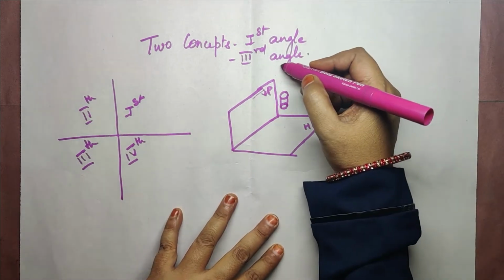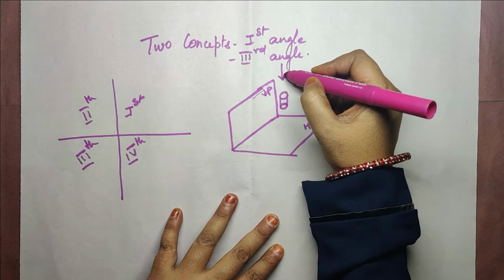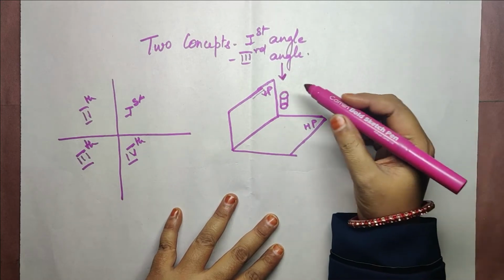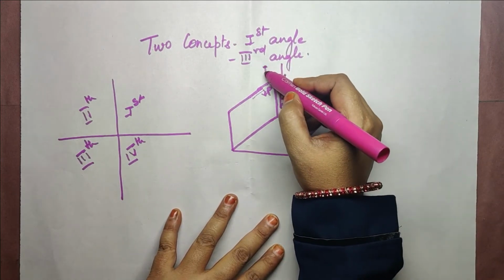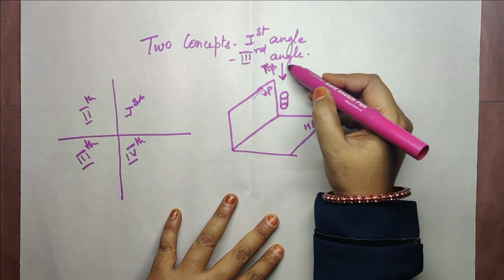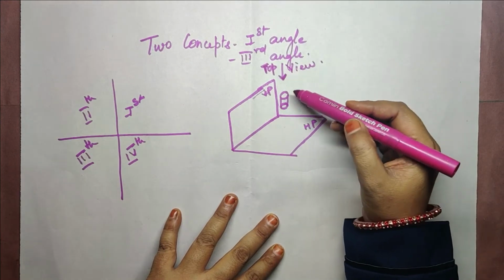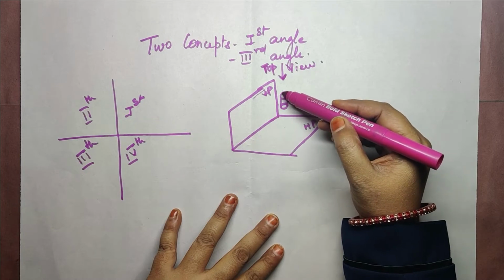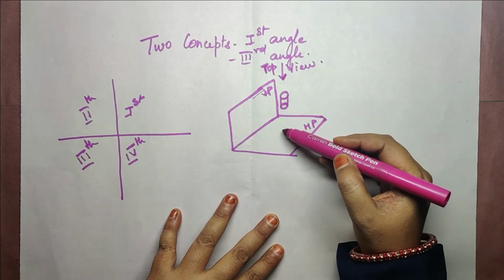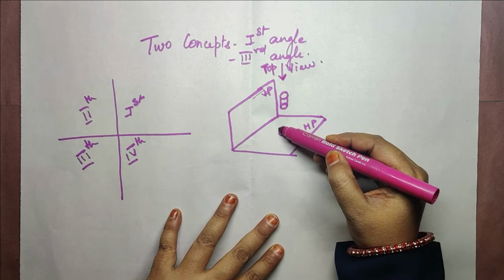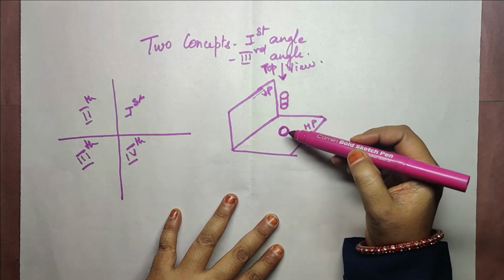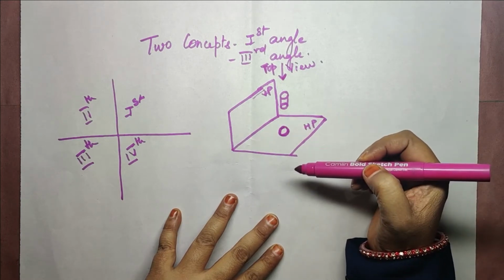Okay, now when we see from upside down, then what happens is we call this as top view. Okay, so when we see this, we are going to see a circle, and circle we can see on the HP. Okay, the circle will fall over here, isn't it?